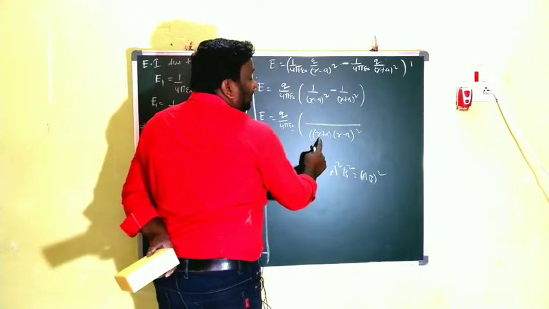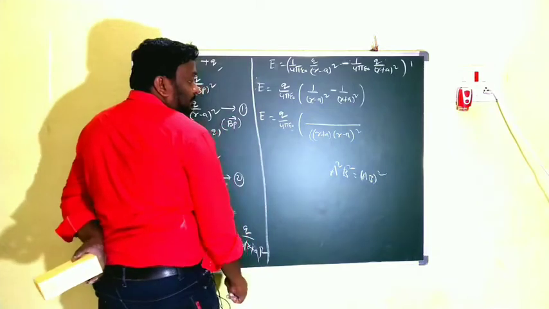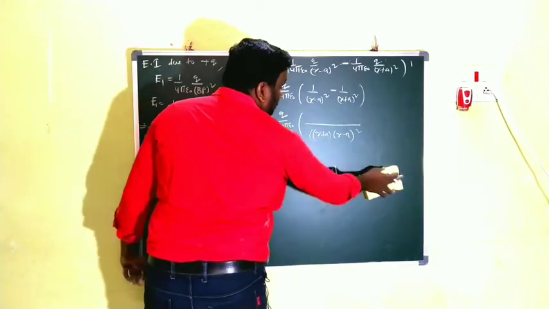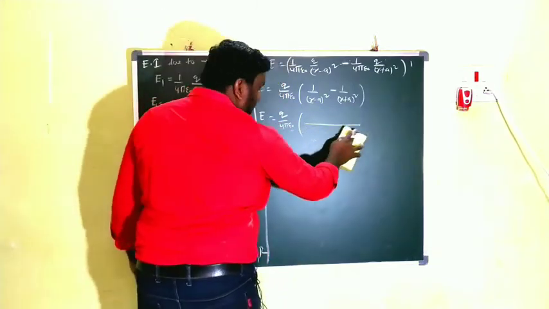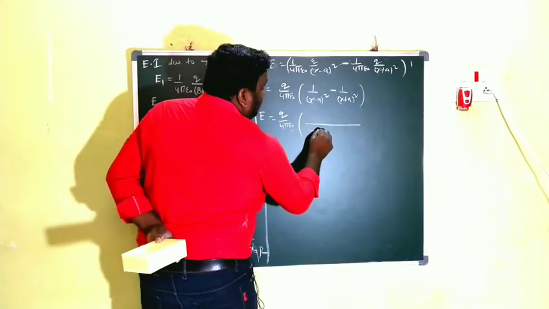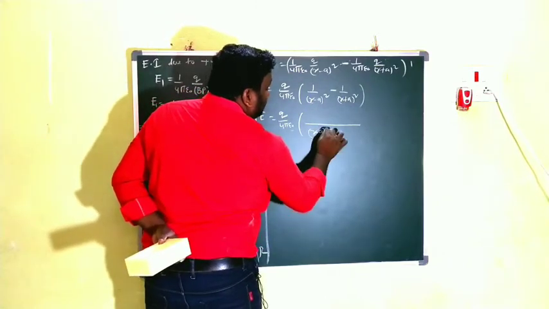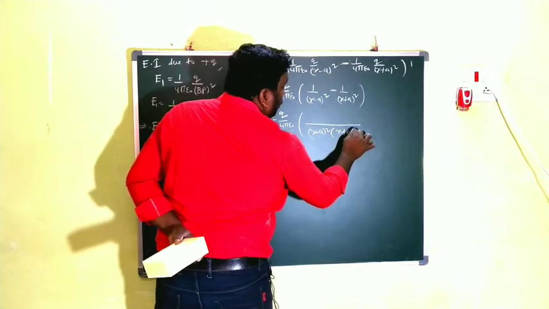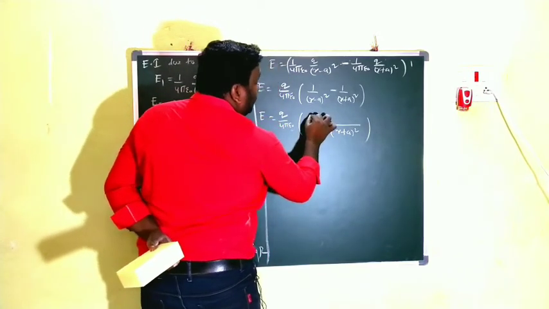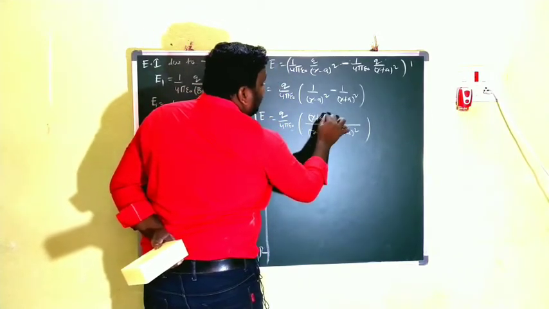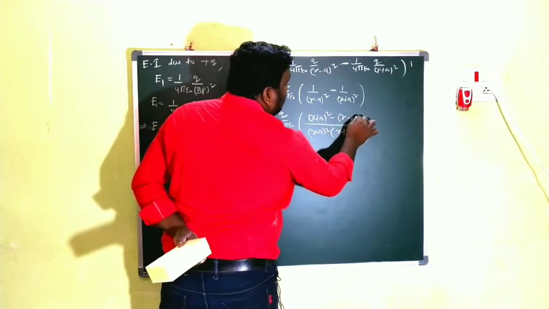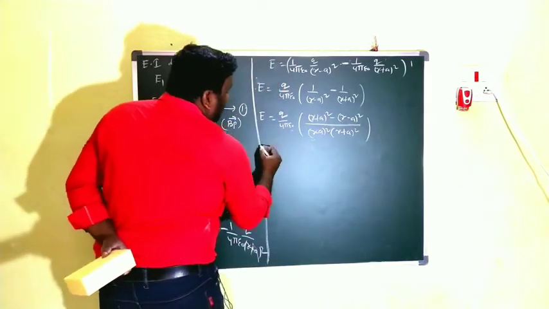Or again, (r minus a) whole square into (r plus a) whole square. Do the LCM now: (r plus a) whole square minus (r minus a) whole square. So now I am writing like that.